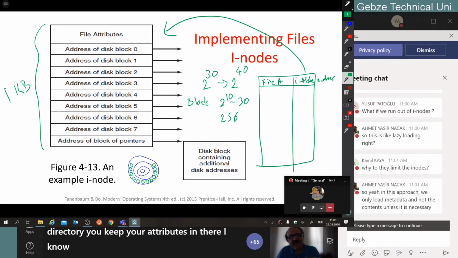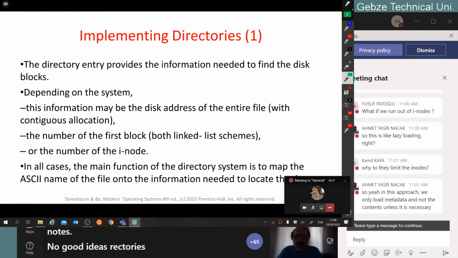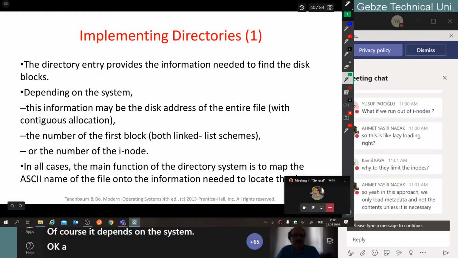Okay, so let's look at how we organize these directories. Of course, it depends on the system. The directory entry provides the information needed to find the disk blocks. That's one of the important things, but the other important thing is the attributes too.